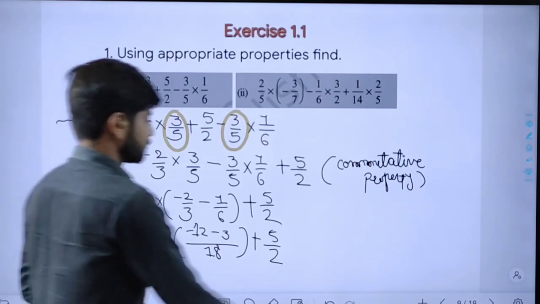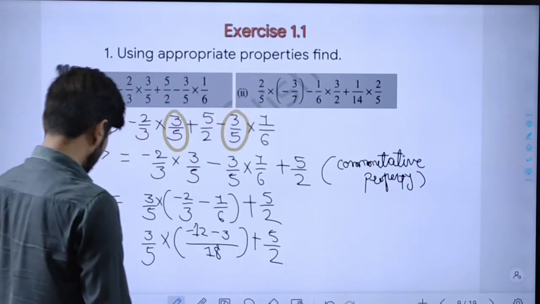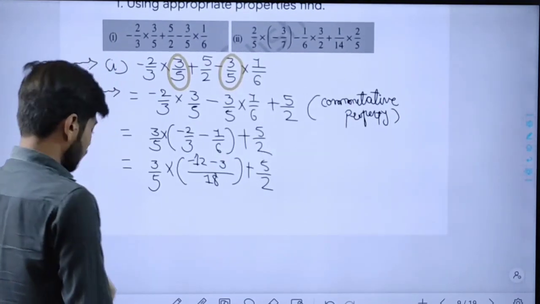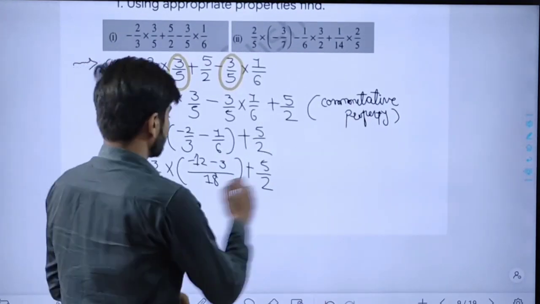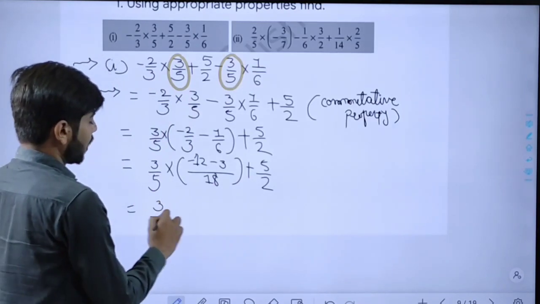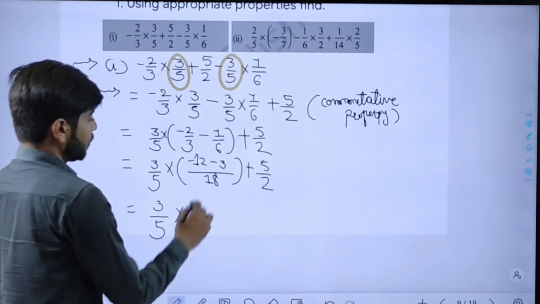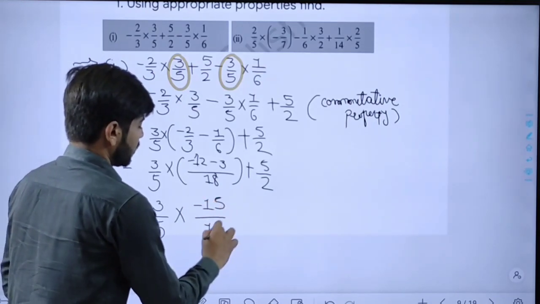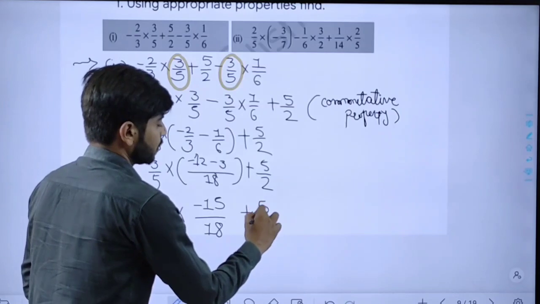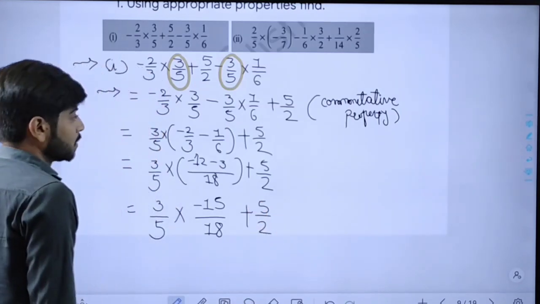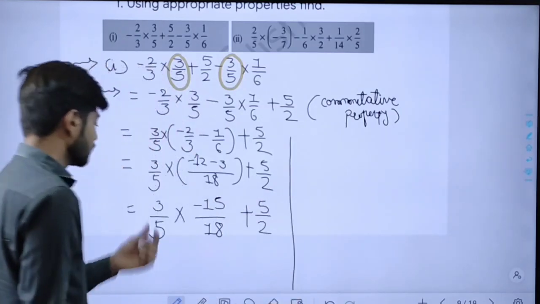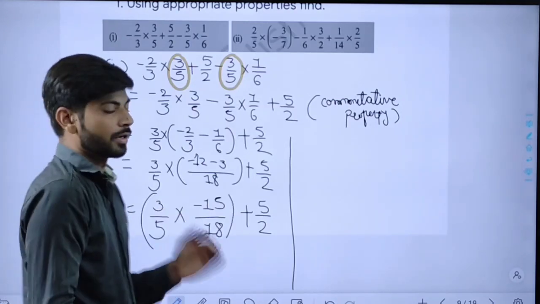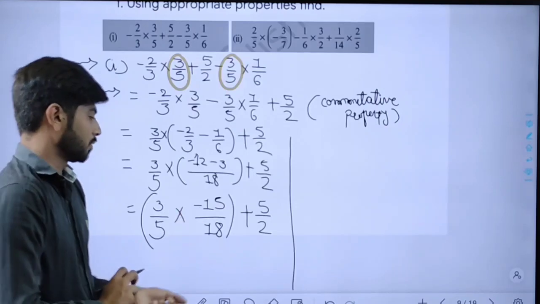So we will get 3 upon 5 multiply with minus 15 upon 18 and plus 5 upon 2. Now you will multiply it first, because as per the BODMAS rule you have to multiply first.